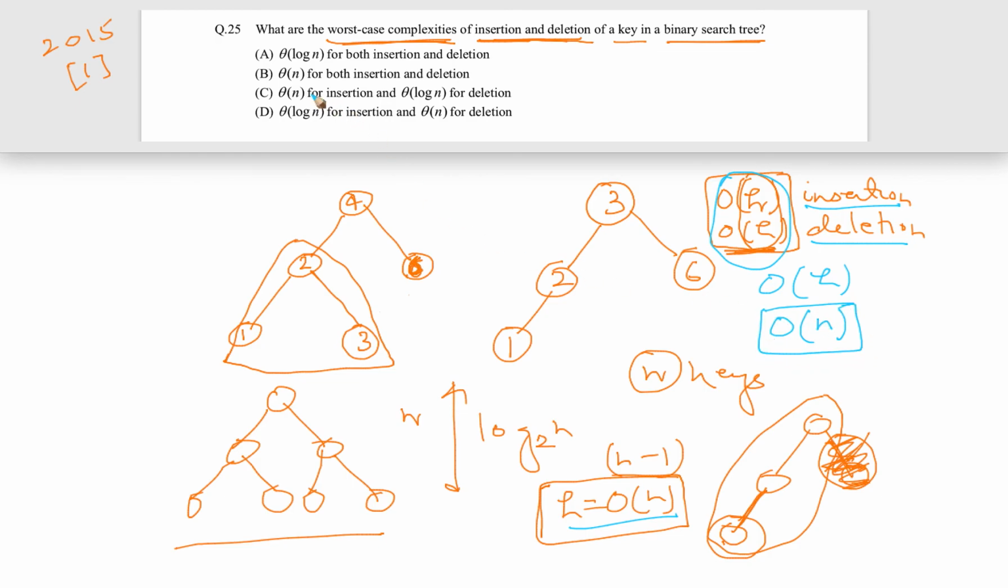And obviously it will be omega n also, right? Because we cannot do better than that. So it is strictly bounded by n, so basically it is theta n. Overall it is theta n, because it is strictly bounded by the height, which is order n. So theta n for both insertion and deletion. B is the correct answer.